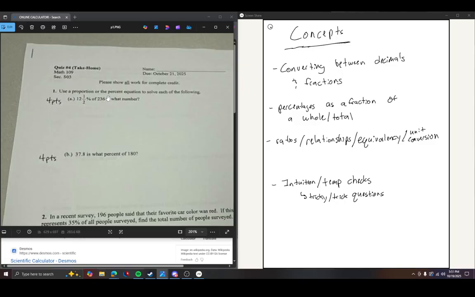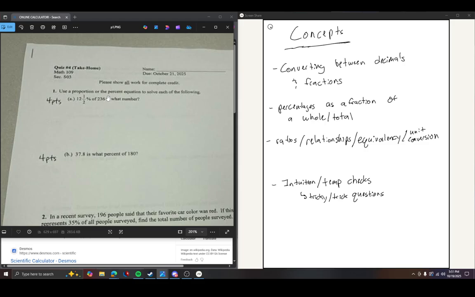So maybe these are topics that you've gone over and learned. Converting between decimals and fractions seems like an important part of these problems. And then percentages, the concept of a percentage as a fraction of a whole, like a certain amount, a quantity of a total.